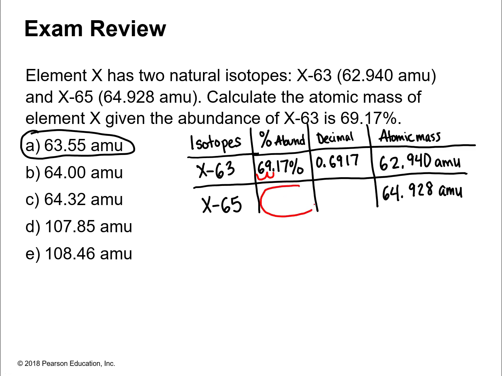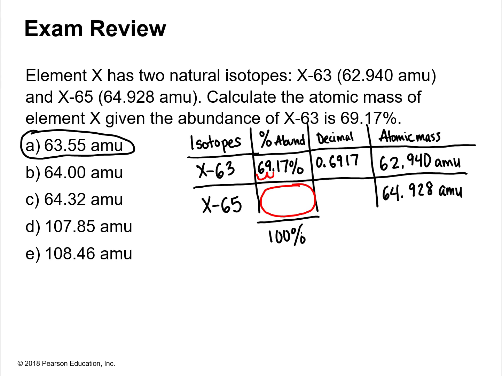Notice that we don't have a percent abundance for X65. How do we figure that out? Yeah, you have to know that the total percentage is 100%. That's how percents work.